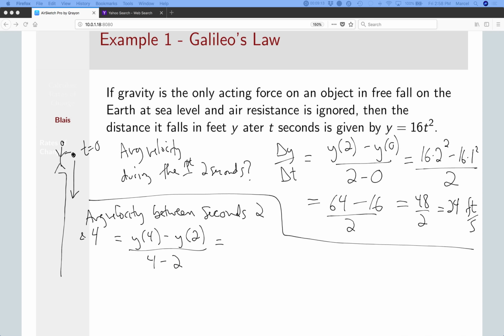Plugging this in, we would have for the first term 16 times 4 squared minus 16 times 2 squared all over 2.